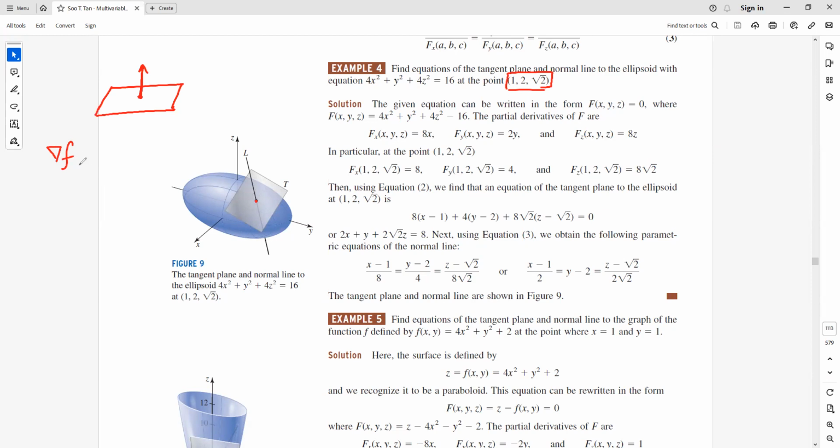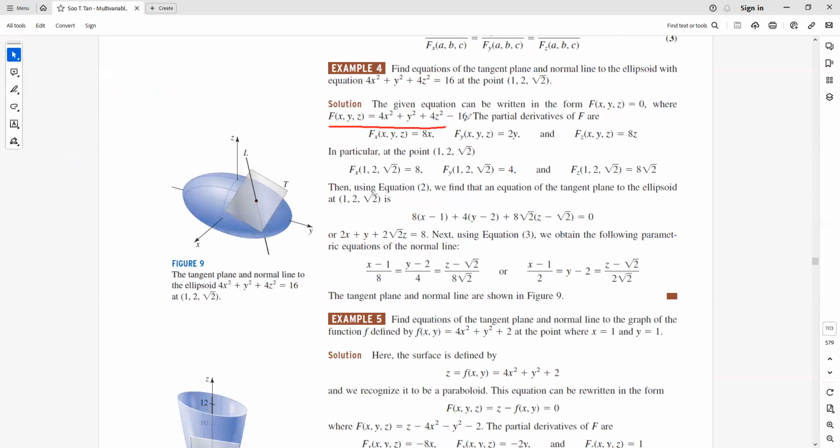So the gradient of the function is basically the vector whose components are the partial derivative of f with respect to x, the partial with respect to y, and the partial with respect to z, and it is given in this form. It's a vector, right? So in order to find the gradient, we need to find the partial derivatives of the function.